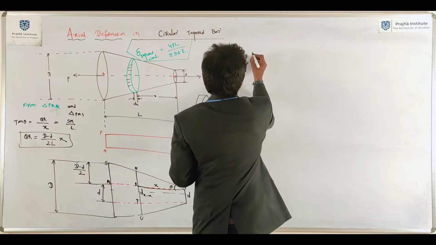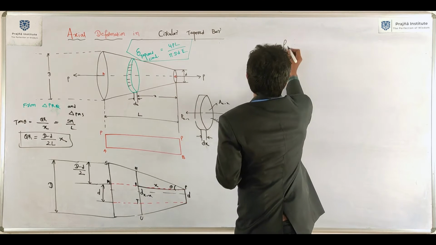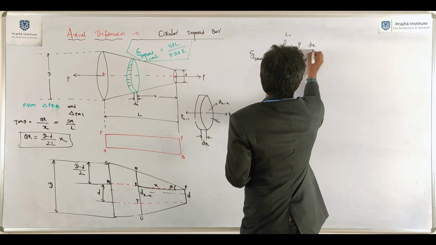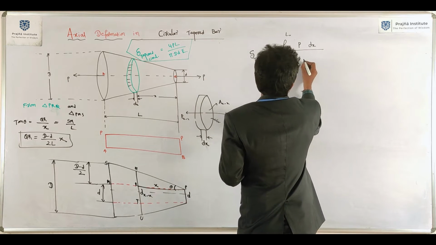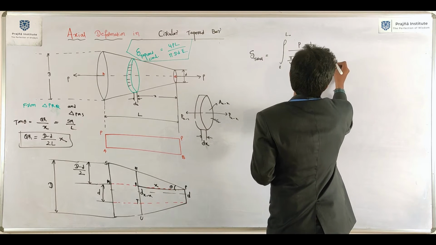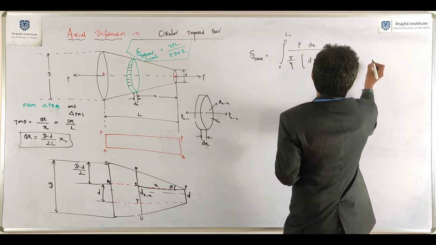The integration: delta total equals the integral from 0 to L of P into dx by pi by 4 into dx, in the sense d plus (D minus d) into x by L, all square, into E. Correct?